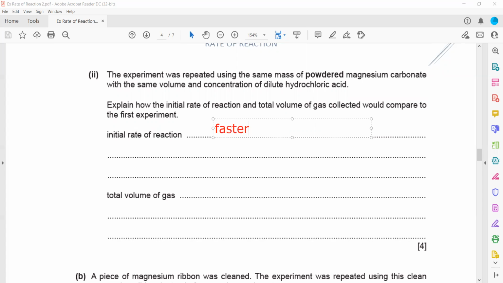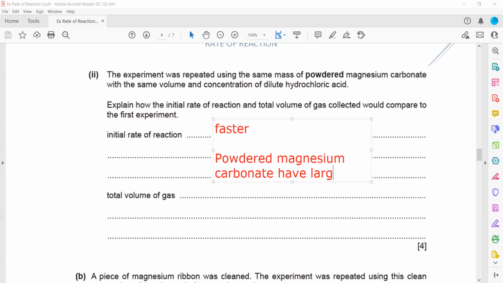And what is the reason for that? Because powdered magnesium carbonate has a large surface area. So when there's a large surface area, the rate of the reaction will be faster.